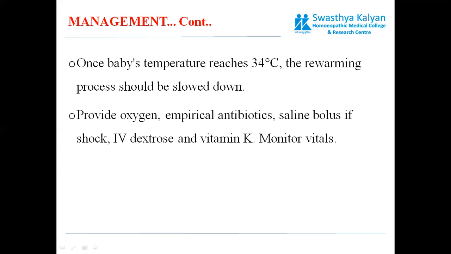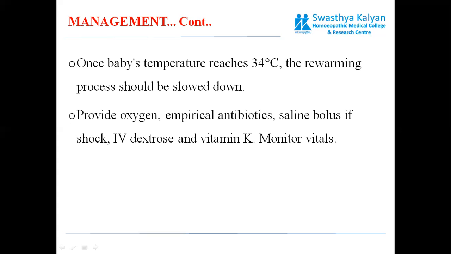Now, if temperature is rising 0.5 degree centigrade per hour, then we can consider that the baby is getting adequate amount of the heat. After that, we have to measure temperature every 2 hourly until normal body temperature is attained, and then 3 hourly for 12 hours.